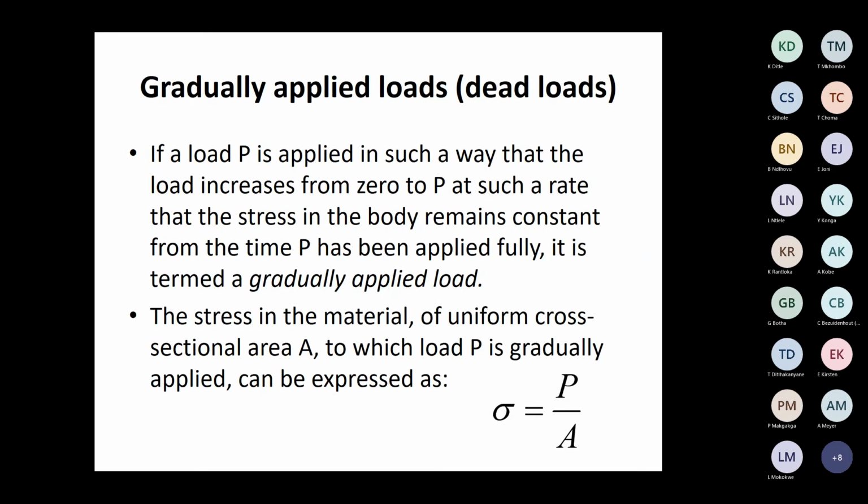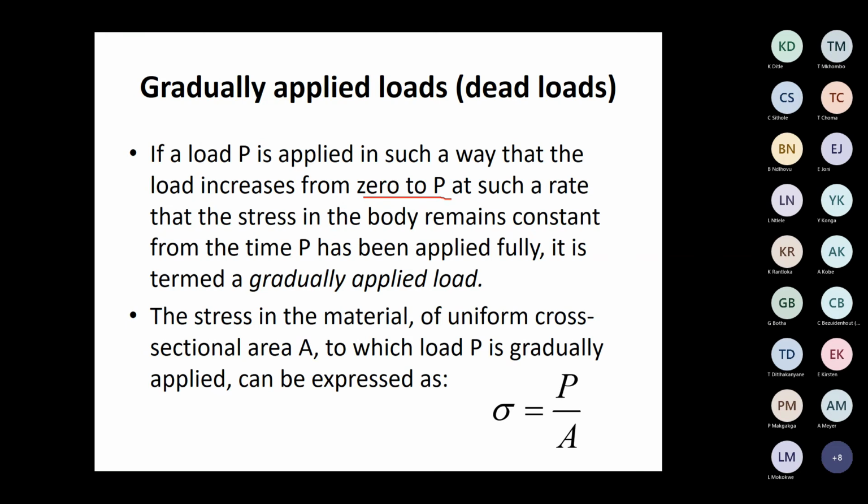As I tried to say to you earlier, when you have a gradually applied load, it means the load is applied in a way that it increases from 0 to P. That means you make it bigger and bigger and bigger. But the main thing is when you release the load, it goes back to its original length.